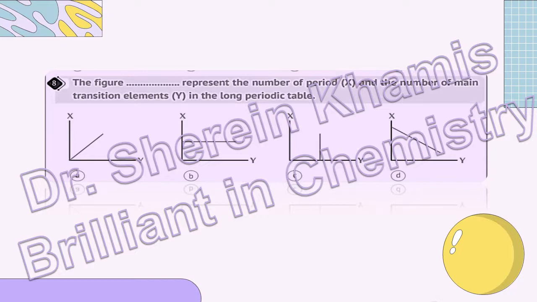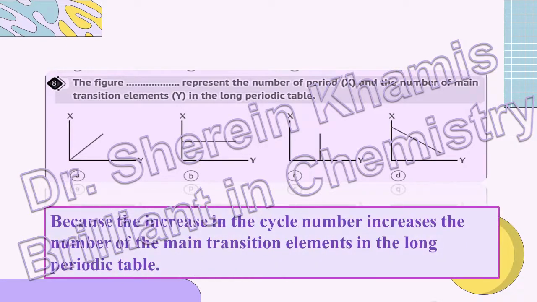We have one that increases gradually, one by time without any change, also one that does not make any change, and one that decreases by time. We have the number of period. If we are discussing increasing of the period number, the number of main transition elements increases.